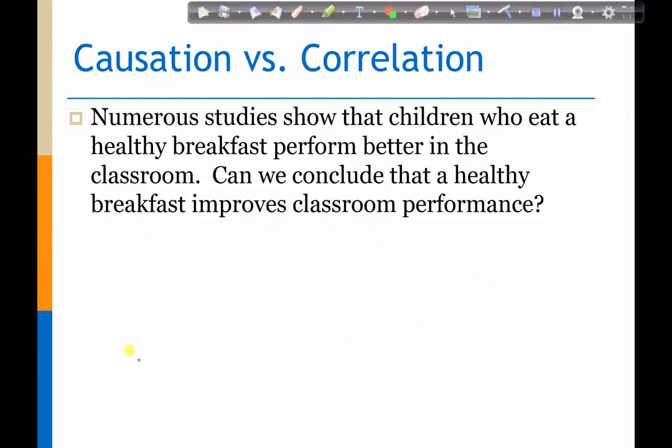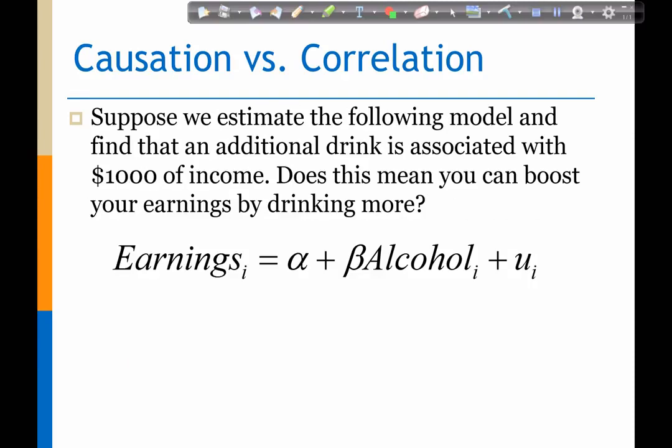Here's another example. Suppose we estimate the following model and we find that an additional drink is associated with $1,000 of income. Does this mean you can boost your earnings by drinking more alcohol? Here we see that earnings are a function of alcohol. Does it even make sense that if you drink more, your earnings go up?